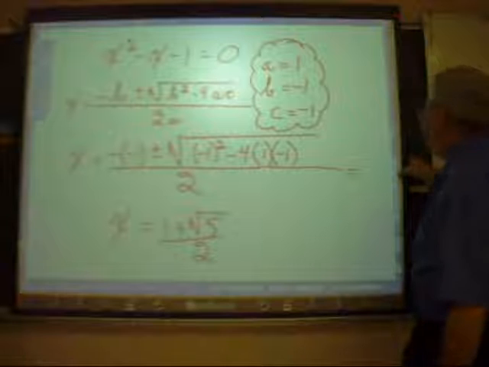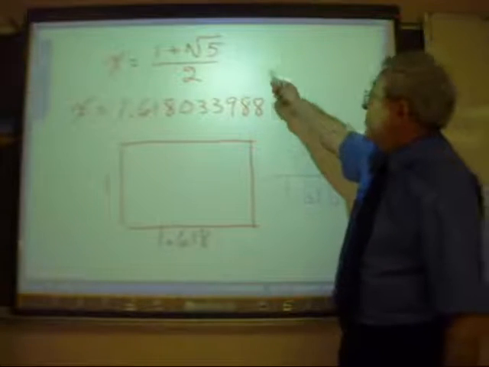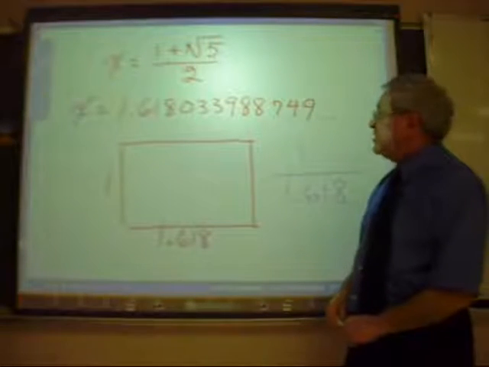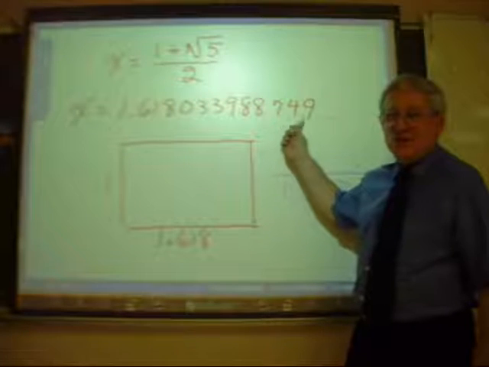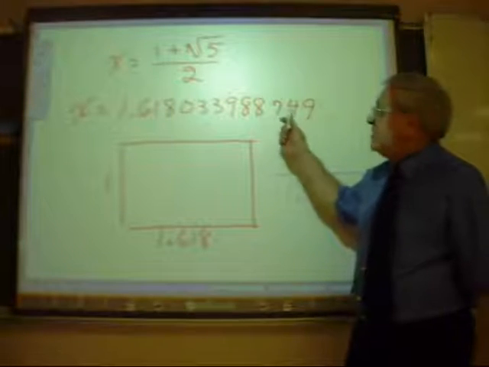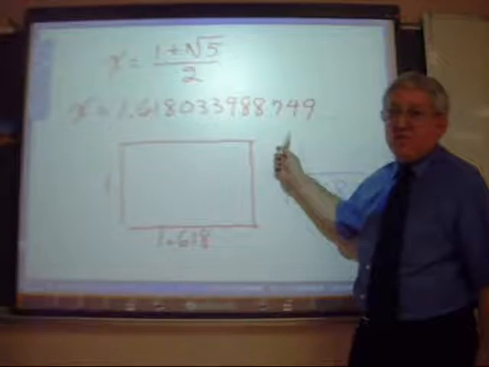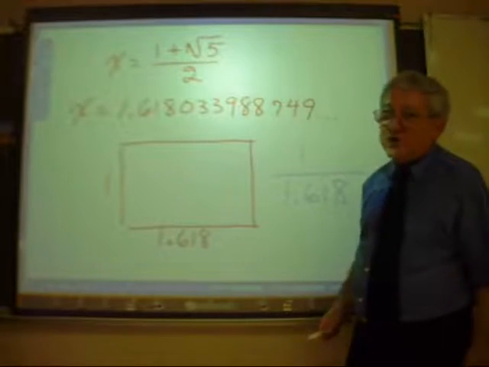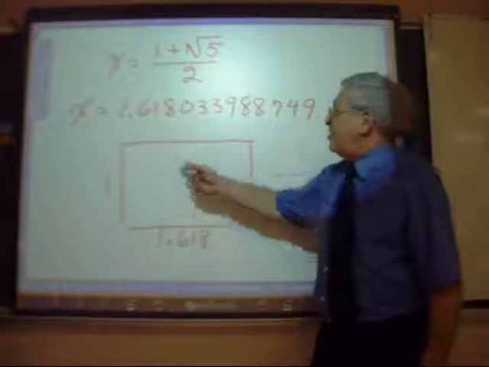Evaluating that, I find 1 plus the square root of 5 divided by 2 comes out to be 1.618, and then a whole bunch of other numbers that keep on going forever. Since the square root of 5 is an irrational number, it will keep on going forever without repeating and without stopping.